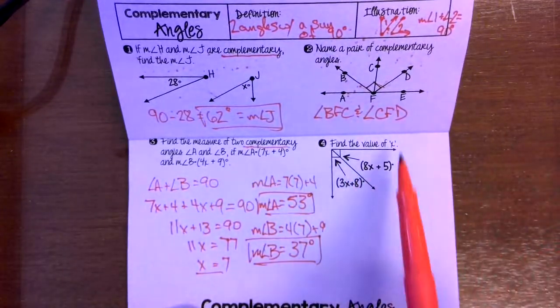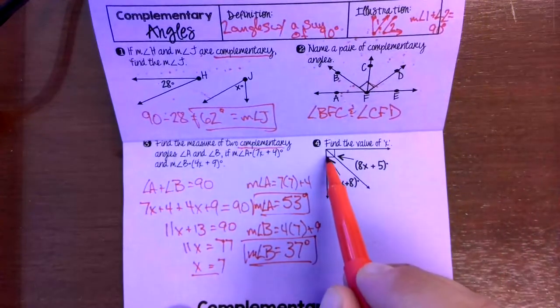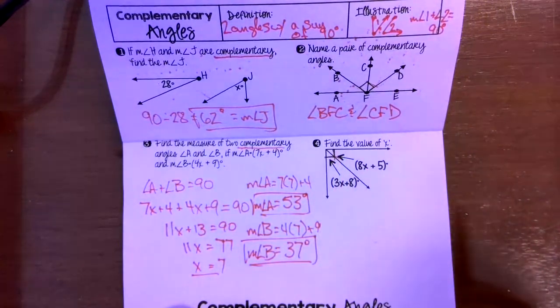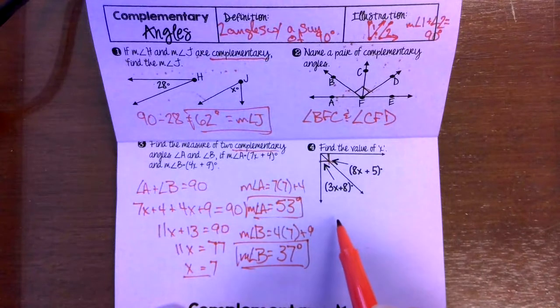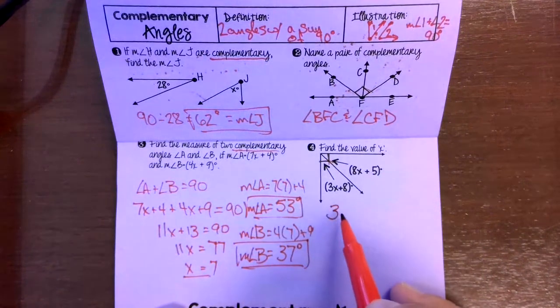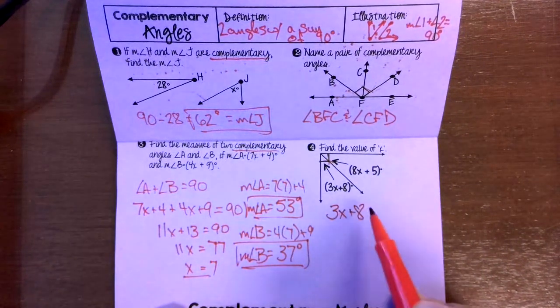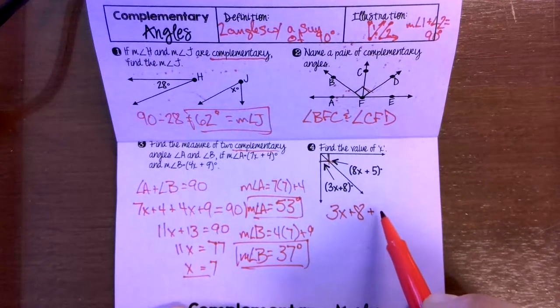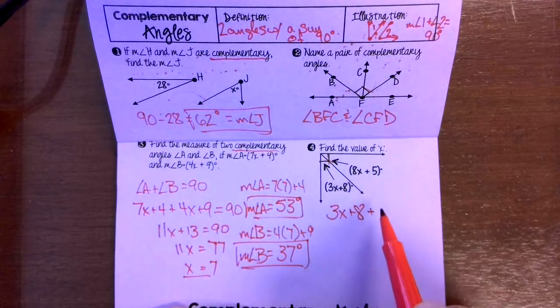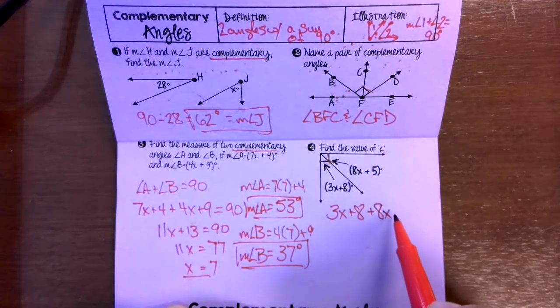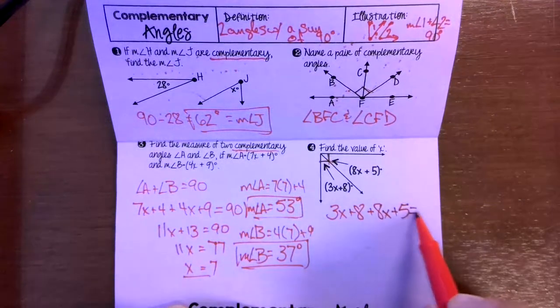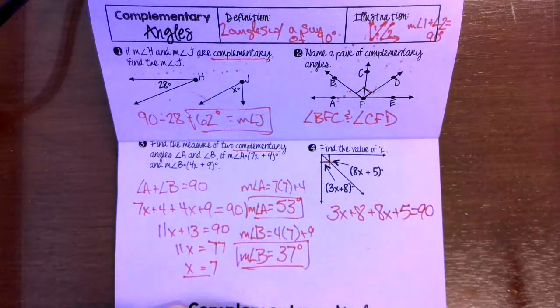On example 4, remember this box means 90, so these are complementary angles. All I have to do is set this up. This is very much like angle addition where we did part plus part equals the whole. It's just this one in particular. We set it up equal to 90.